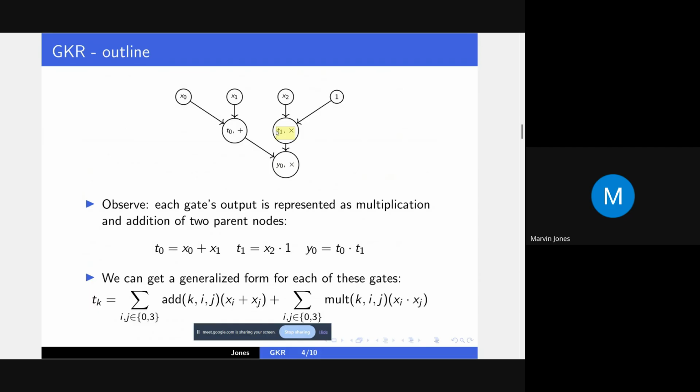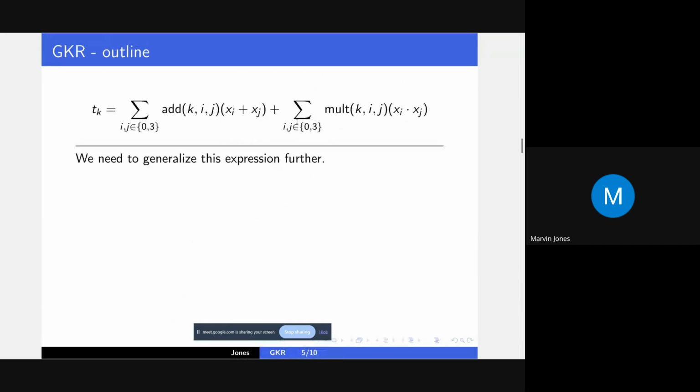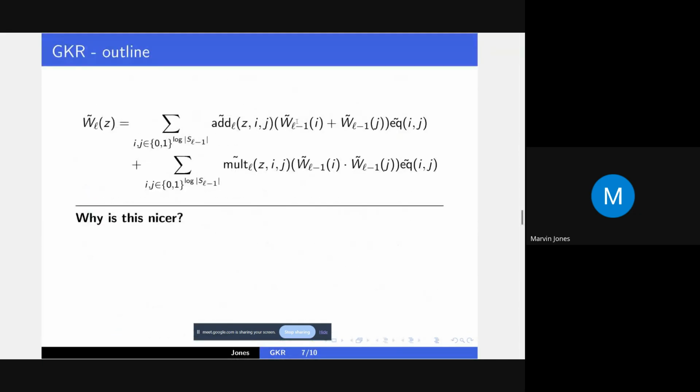So I'm going to have to get this W tilde L minus 1 evaluated, but it relies on the evaluation at 2 points. That sucks. Because it evaluated at 2 points, this sumcheck relies on these two sumchecks, which then relies on those two sumchecks, and it kind of spirals.